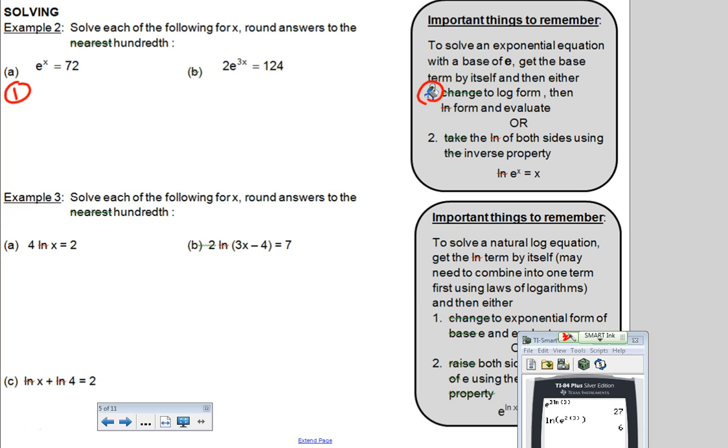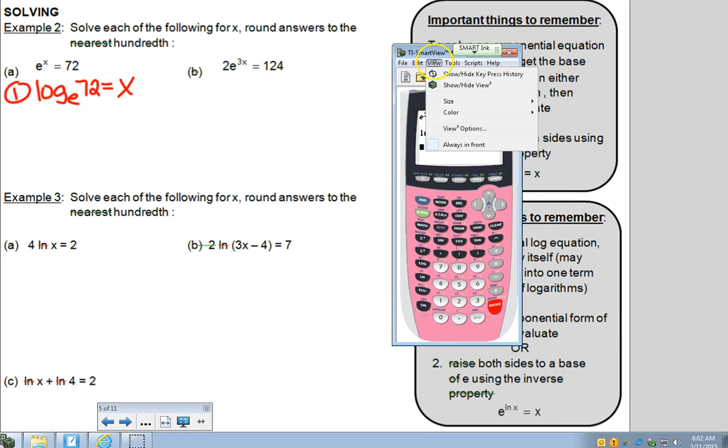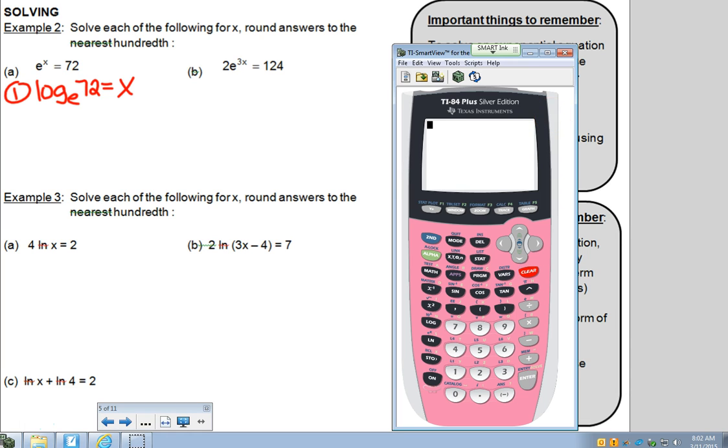All right, so log form. Log, the base is e, the outcome is 72 equals x. Now, I want to show you some options. You can actually, at this point in time, put this in your calculator. So you can do log base e.